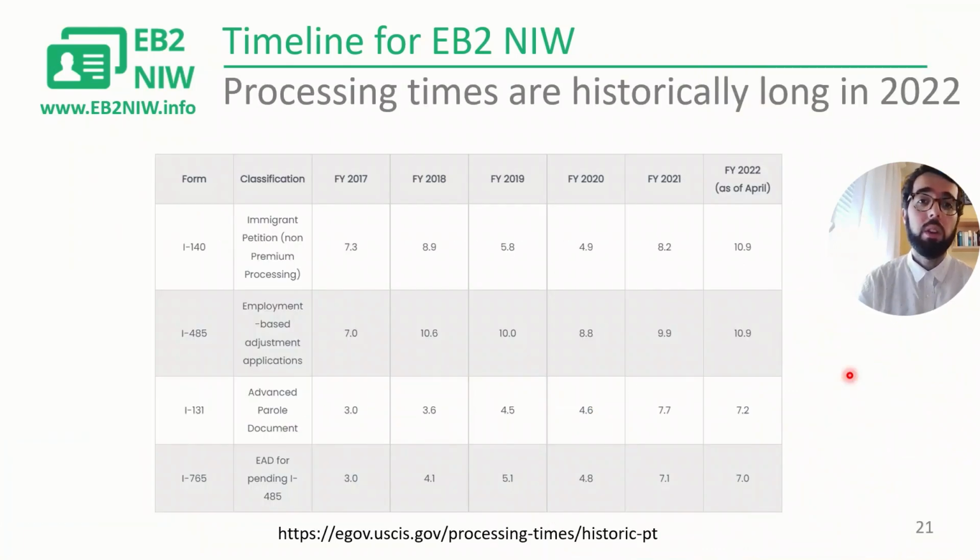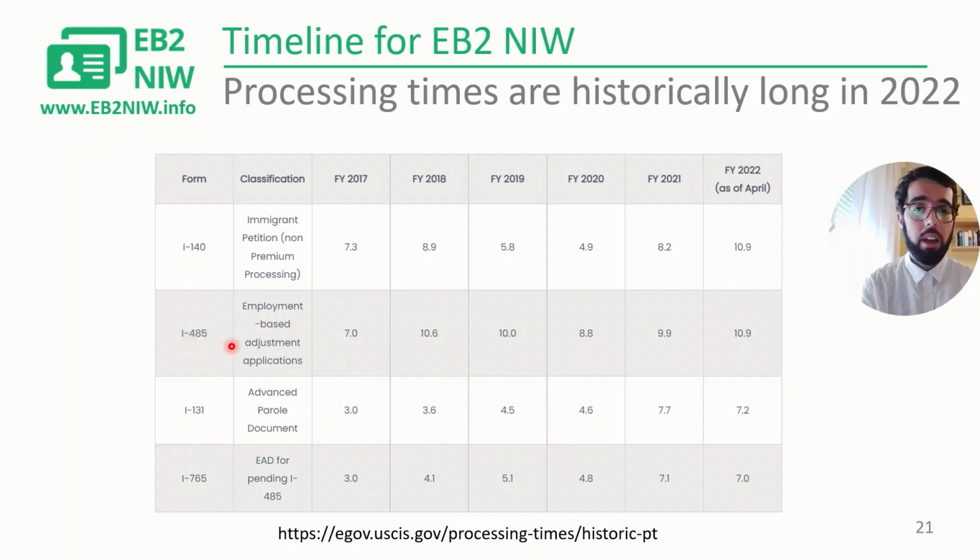One more thing that I wanted to add is that processing times are historically long in 2022. And if we see, for example, for I-140, you see how the time actually is the longest right now at about 11 months of average in 2022.